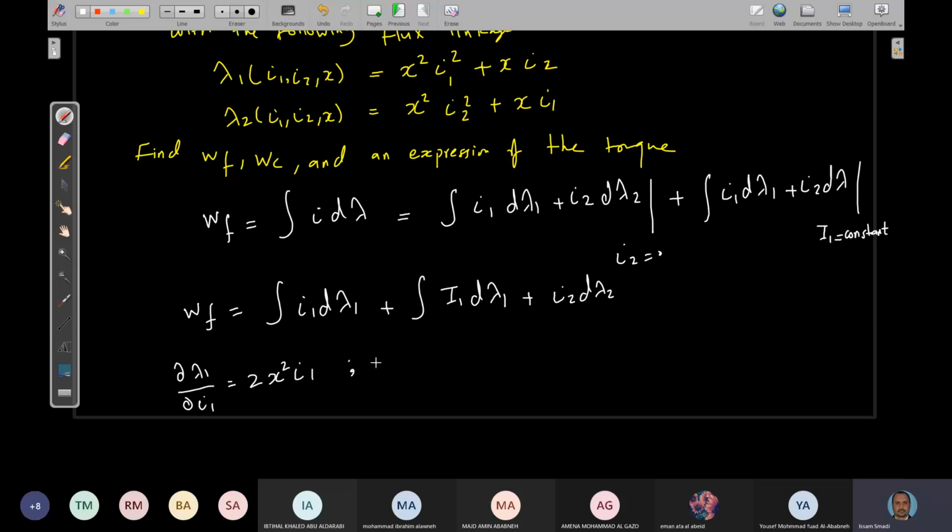Also, I need to evaluate partial lambda 1 with respect to partial I2, and this will equal to what? x. And I need to evaluate partial lambda 2 with respect to partial I2, and this will equal 2 x squared I2.